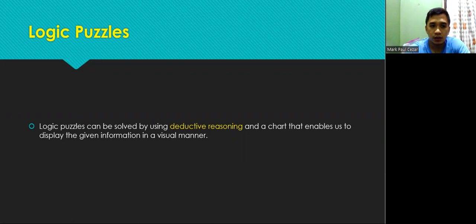So for these logic puzzles, we're going to use deductive reasoning, and we are going to interpret the given clues or the given problem using charts, graphs, tables, or other types of information that could be written or drawn in a visual manner.